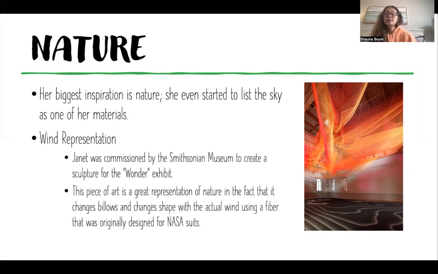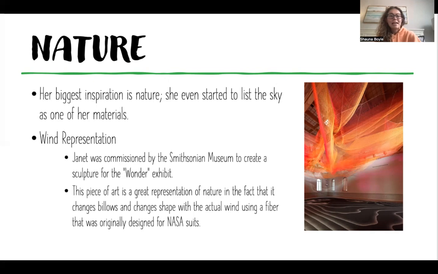She was commissioned by the Smithsonian Museum to create a sculpture for the Wonder exhibit. And she chose to create a representation of nature, an actual representation of wind. She used the fiber that NASA had designed for their suits, that billows and changes shapes with the wind, so that you can see that representation of wind in her sculpture.